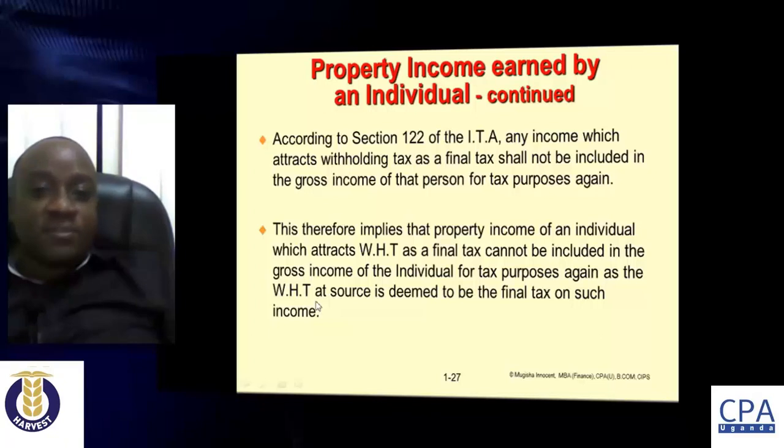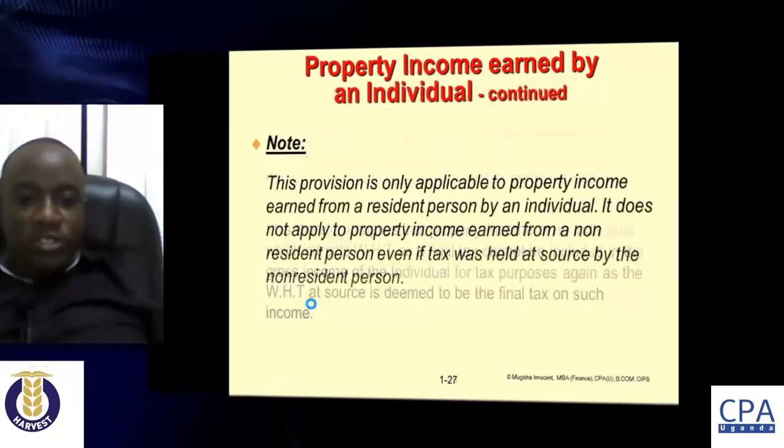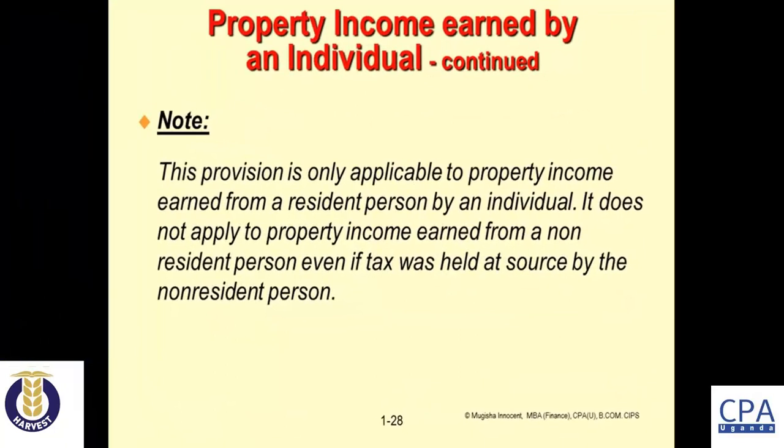This tax is the final tax. So no more taxation is expected or should be made on this income if the individual has already paid their withholding tax on the property income. Let's continue. Slide number 28 puts a note that this provision is only applicable to property income earned from a resident person by an individual.